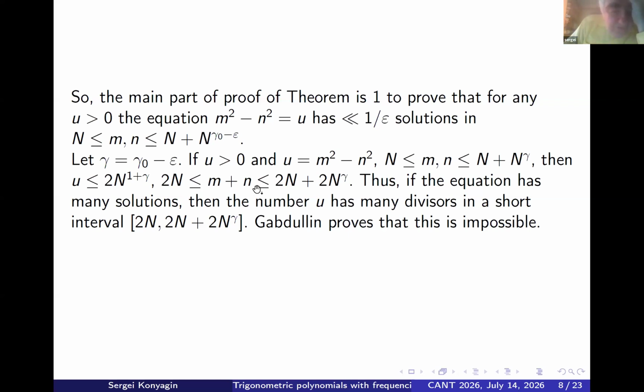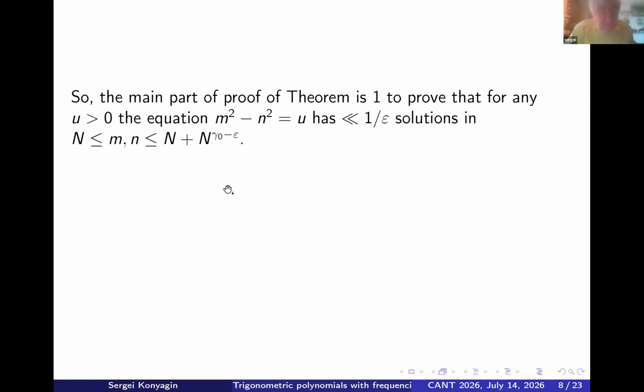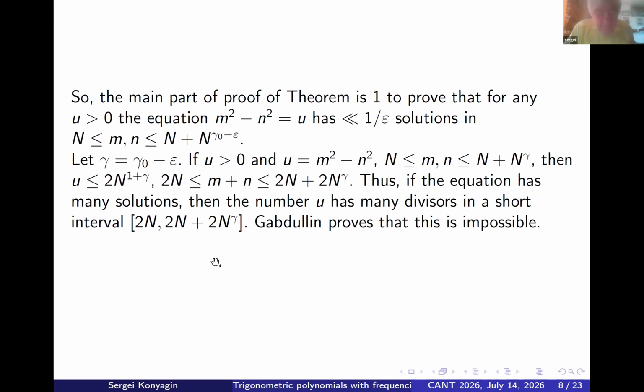All these numbers are divisors of the number u. So the main point is that the number u cannot have too many divisors in this segment.